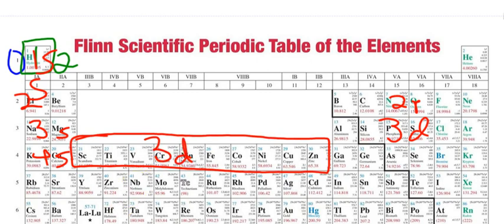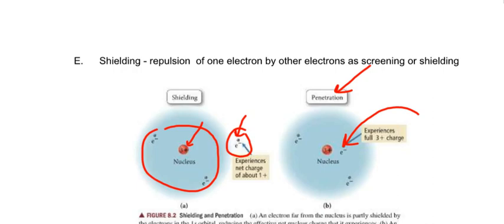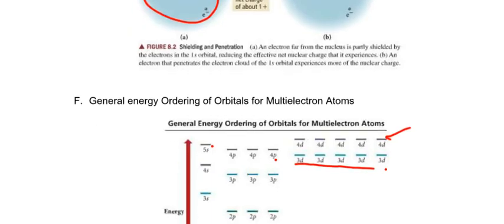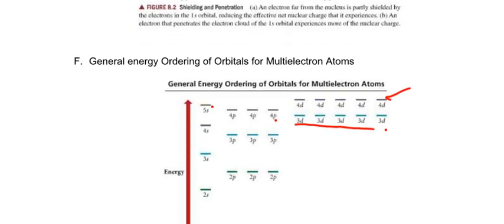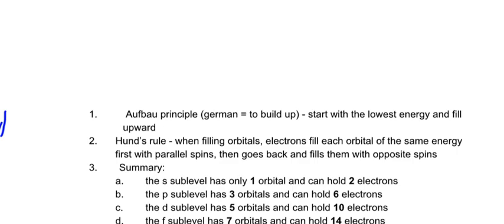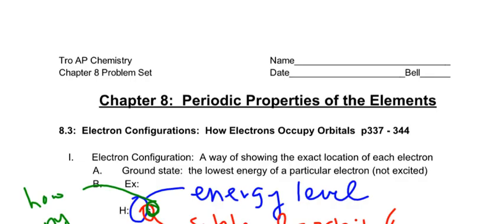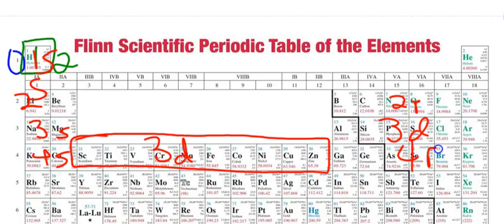Why is that 3d? Go back over here again and take a look. After 4s, what's my next lower energy? It is 3d. Then what? We have 4p, 5s, 4d.